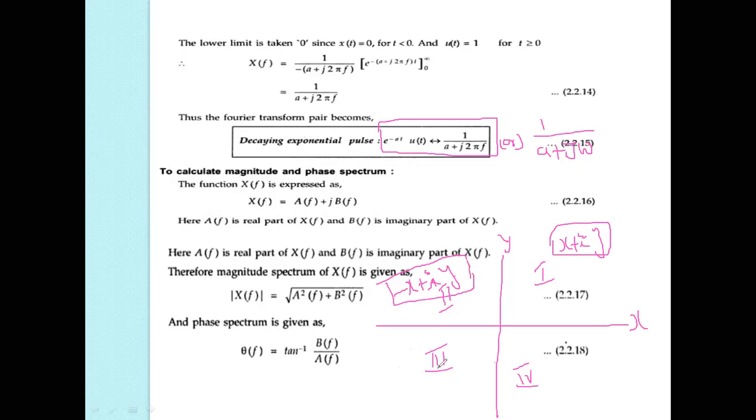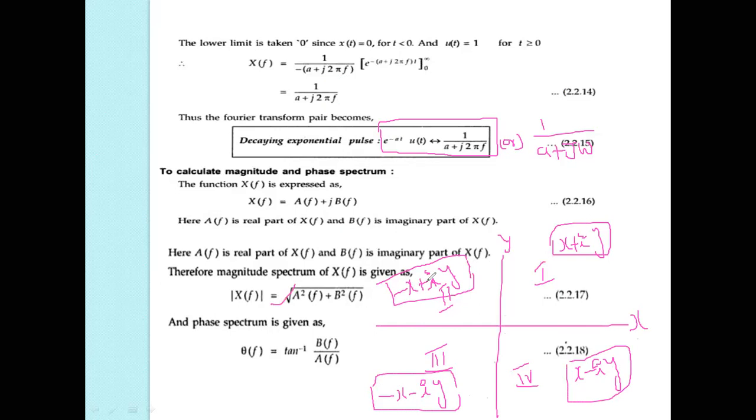For the third quadrant, minus x and minus y, so minus x minus iy, and for this also the magnitude is the same. And in the fourth quadrant, x minus iy, and for this also the magnitude is the same, the square root of x square plus y square, in all the quadrants.